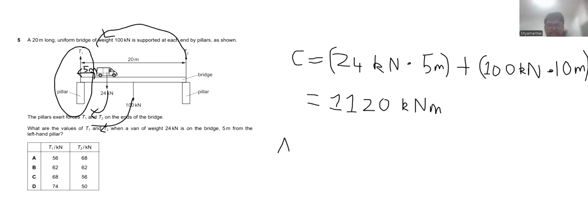So the anti-clockwise moment also equals 1120 kilonewton meters, and this is equal to the force T2 times the distance from T1, which is 20 meters.